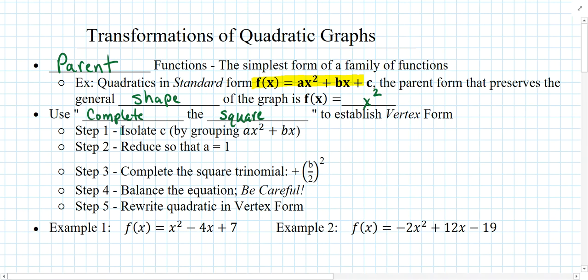Step 1 is to isolate c by grouping the first two terms of the quadratic in standard form. Then, we identify the greatest common factor in this group in order to reduce the a value to equal 1. In step 3, we utilize a mini-formula to complete the square trinomial. We will add half of b, squared, inside the grouping symbol.